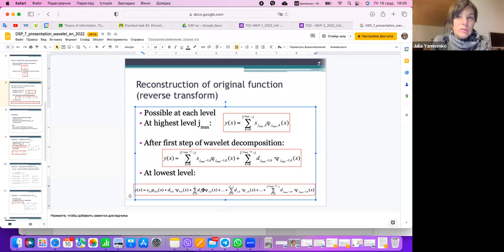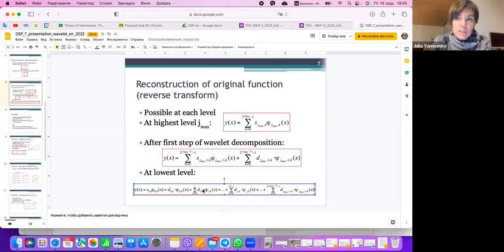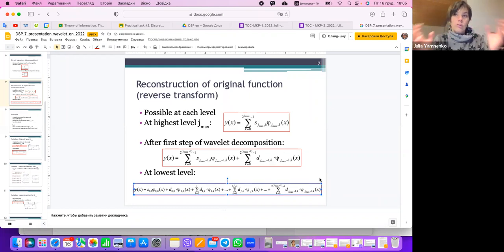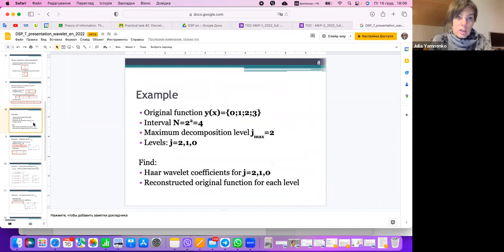In order to do this, we have to take all the D coefficients that we calculated in all previous steps, and also the S coefficients that we calculated here at the zeros level. So to reconstruct the function, we just have to collect all the coefficients that we calculated at the previous levels. And they will help us to reconstruct the function in its original form.